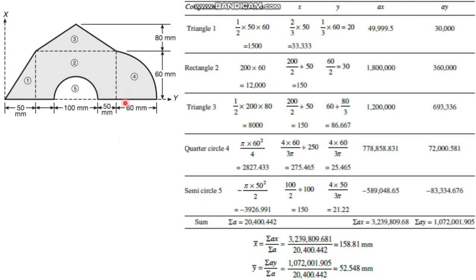For the semicircle, from here to here, the centroid is 50 plus 50, 100, plus 50, so 150, and the centroid y distance is 4 into 50 by 3 pi, which is 21.22. So you got the x values and y values; multiply with A into x and A into y, and you will get these values. Therefore x bar you will get as 158.81 and y bar as 52.55 mm. Thank you.